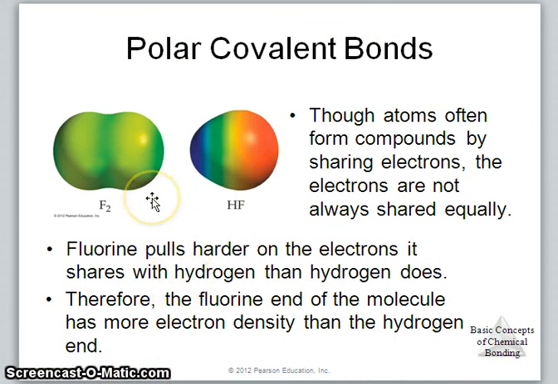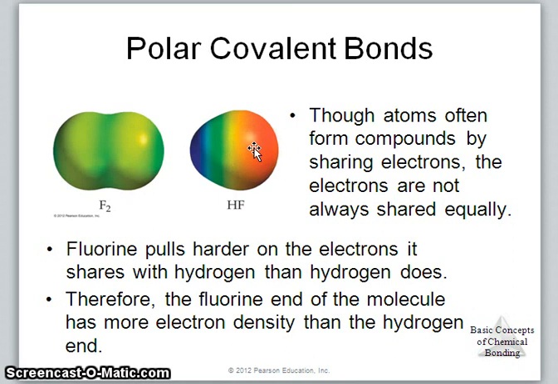In terms of colors, these greens and yellows represent equal electron sharing. So this is a fluorine atom here, this is a fluorine atom here, and the electrons they're sharing in the middle are being shared equally. On the other hand, we have hydrofluoric acid, and hydrogen is over on the left-hand side, fluorine's on the right side.